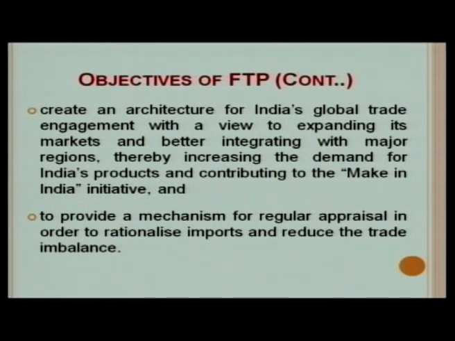So, regional development is also one of the objectives of this foreign trade policy, along with promoting the Make in India initiative and providing a mechanism for regular appraisal in order to rationalize imports and reduce the trade imbalance. So, there is always a mechanism to review the foreign trade policy. Yearly it is reviewed and changes are made accordingly.